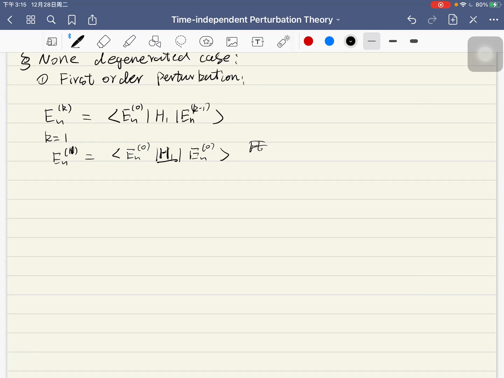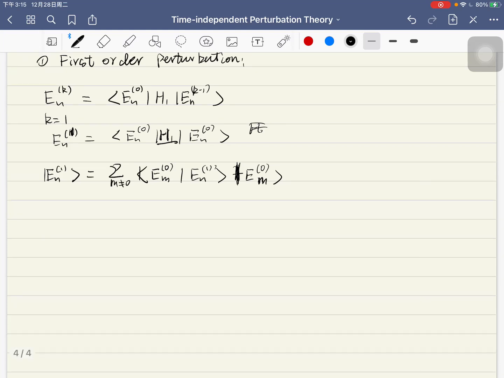And after we calculate the first order eigenvalue correction, we want to calculate the correction of the state vector, which means the E_n1 equals to sum m not equal to n, E_m0.